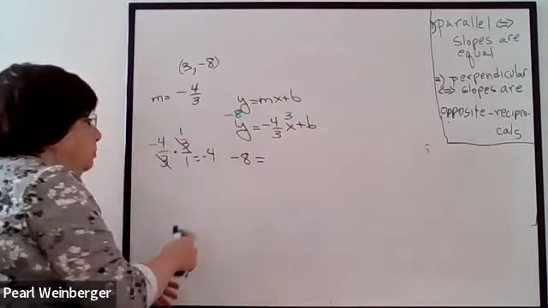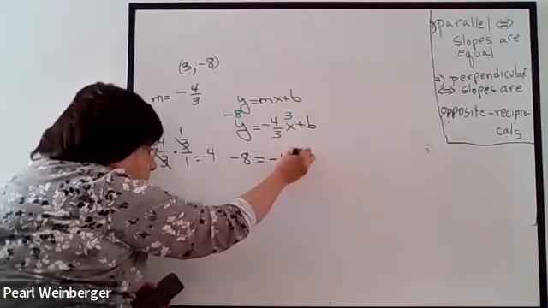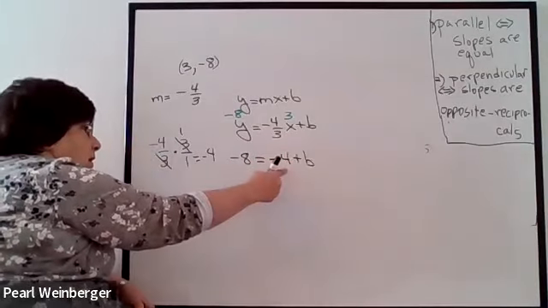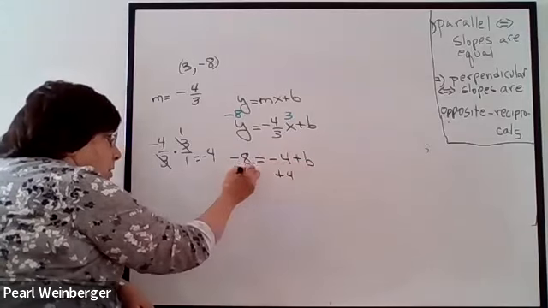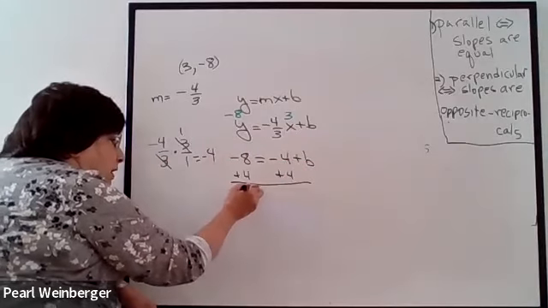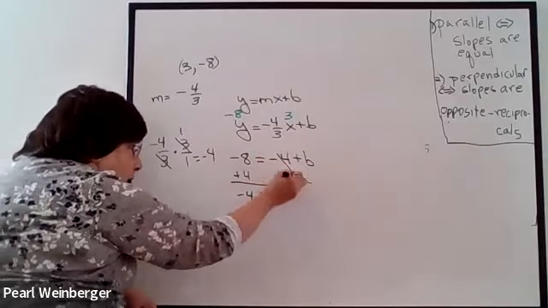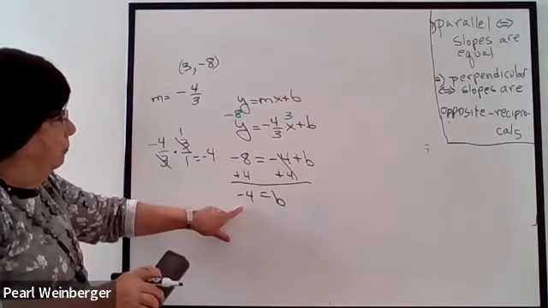Okay, so in place of this, I'm putting -4 plus b. Now I can figure out what the b is by adding 4 to both sides. -8 plus 4 is -4. The b turns out to be -4.